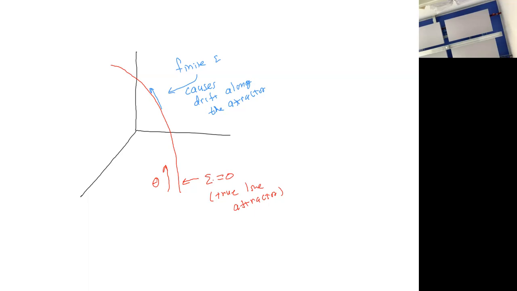This is not the case for line attractors. Line attractors are structurally unstable, so they don't really exist.